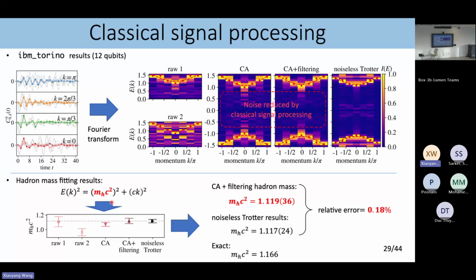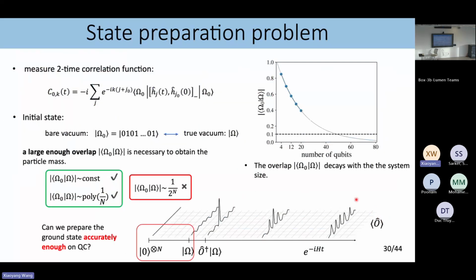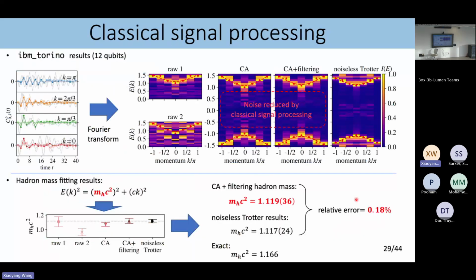After the fitting, we find that MC square equals 1.119, which differs from the noiseless Trotter result within a relative error of 0.18%. So this is our numerical results of the measurement method.